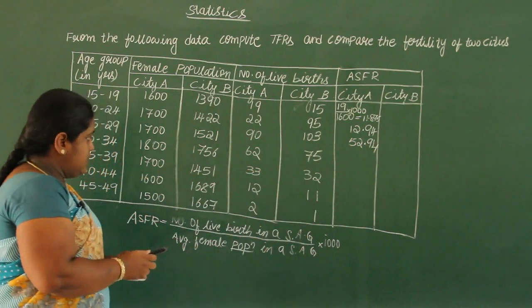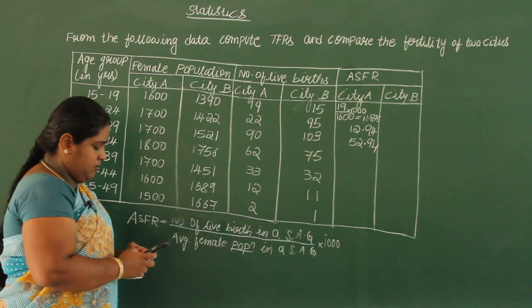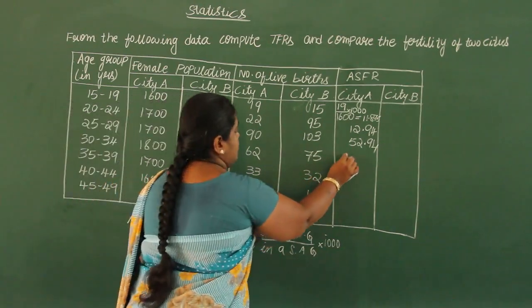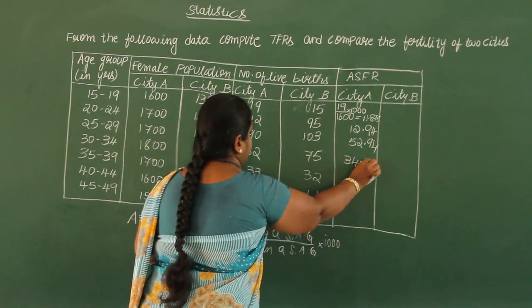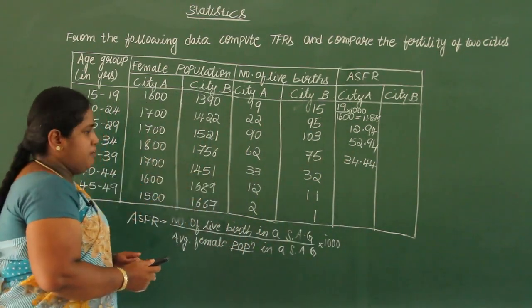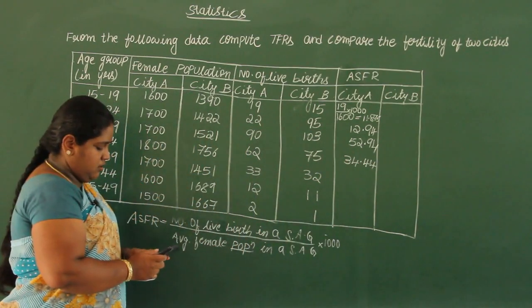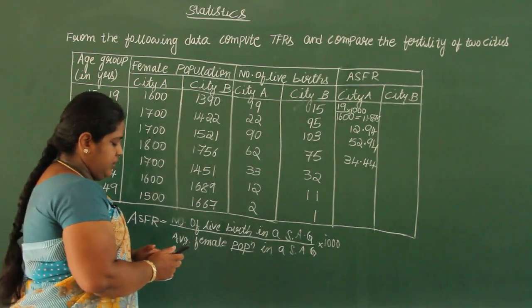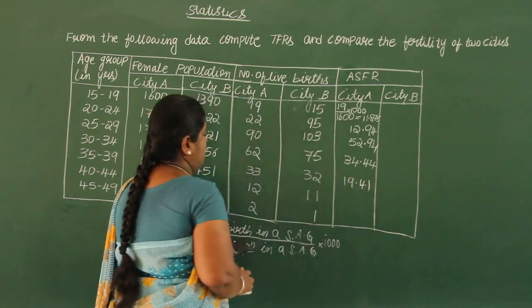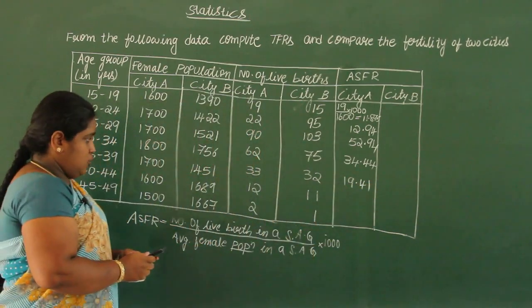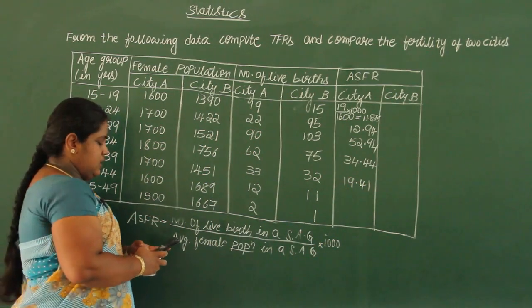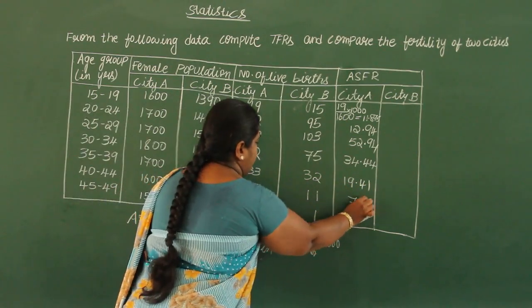Next one, 62 divided by 1800 into 1000, 34.44. Next one, 33 divided by 1700 into 1000, 19.41. 12 divided by 1600 into 1000, 7.5.